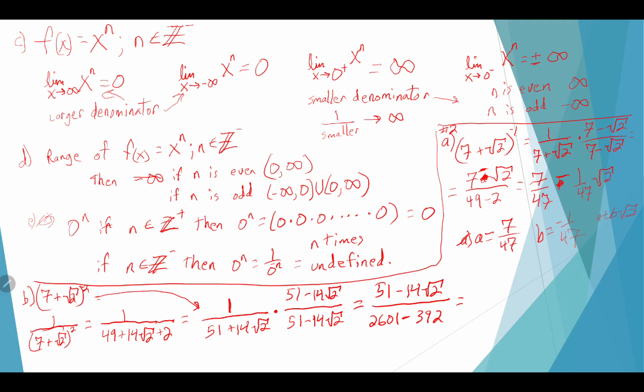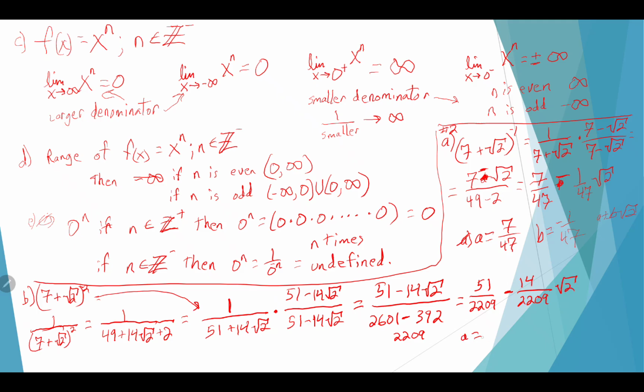Cleaning this up. This piece, 2209. Okay, now this becomes 51 over 2209 minus, right, 14 over 2209 times square root 2.